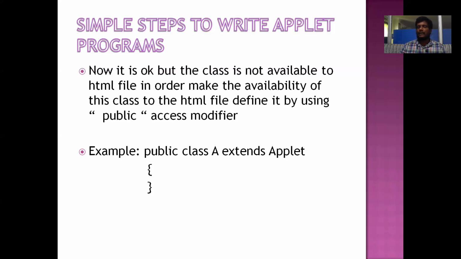Applet is the name of the class by which we are going to develop applets in our program. So now our class A becomes a child class of the applet class. In this statement, applet is a parent class, or super class, and class A is a child class or subclass.